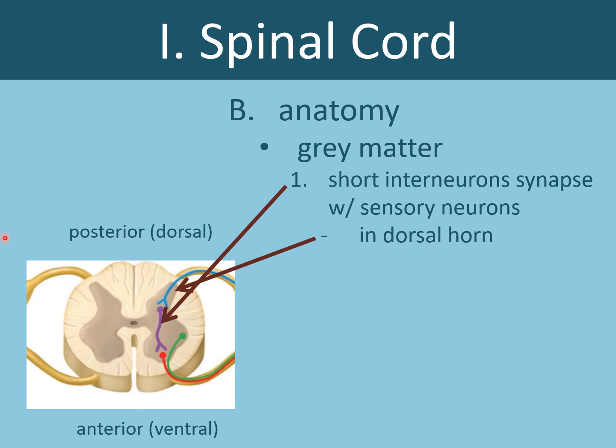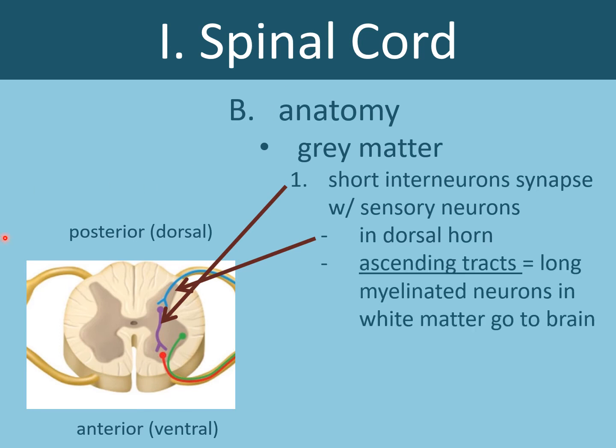Sensory neurons carry information into the spinal cord. The surrounding white matter around the dorsal horn contains long myelinated neurons that travel up to the brain, and they carry that sensory information up to the brain. These regions are termed the ascending tracts.